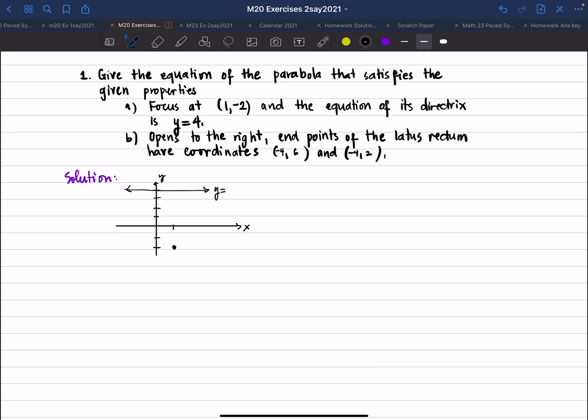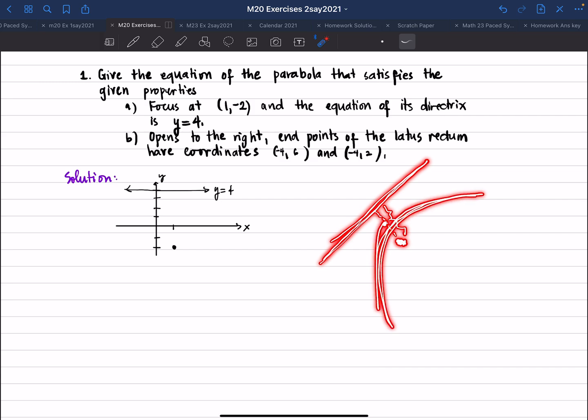Whose y-intercept is 4. Okay, so, ano bang relationship ng focus and directrix? Whenever you have a focus and you have the directrix, the vertex is in between the line and the focus. So, they are equally spaced, and your parabola will be oriented this way.